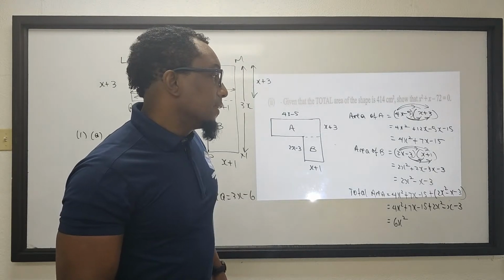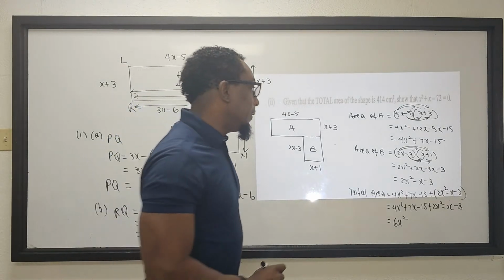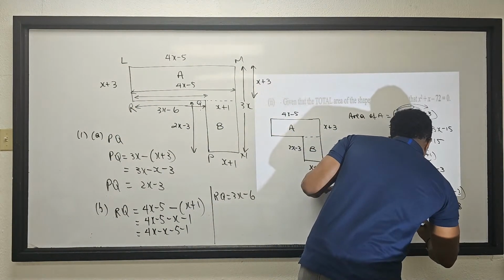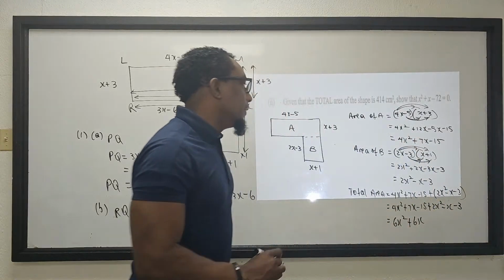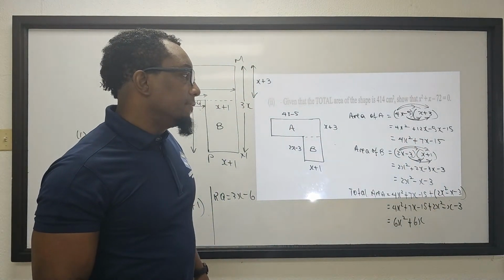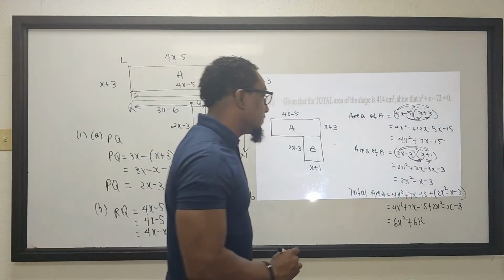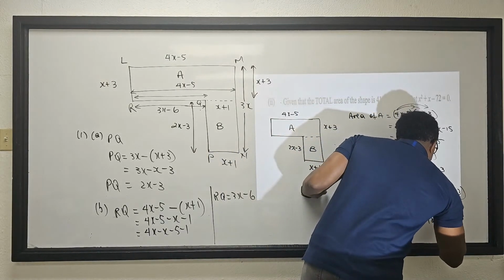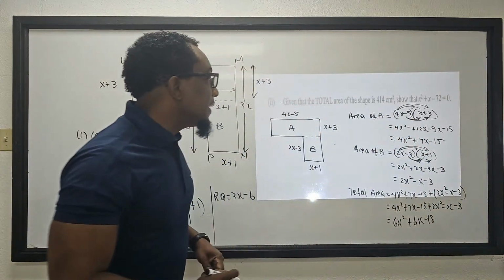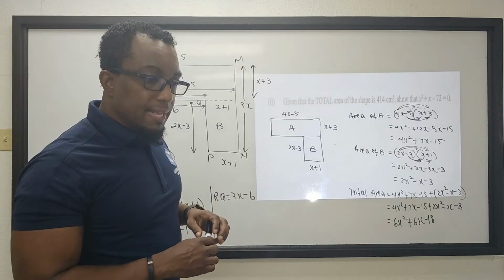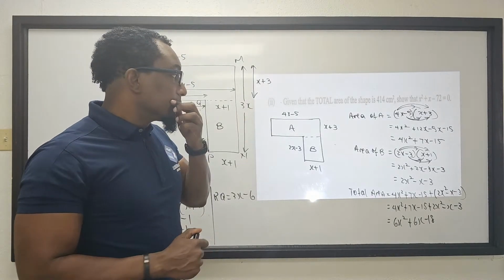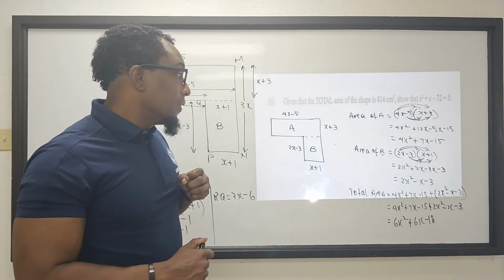Plus 7x, subtract x will be plus 6x. And we're going to have negative 15 subtract 3 will be negative 18. So this here is the area of that compound shape in terms of x.